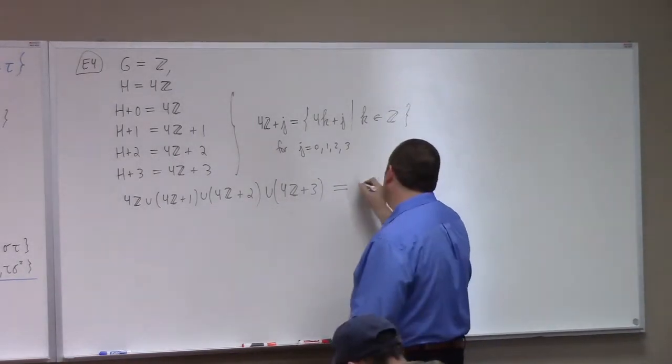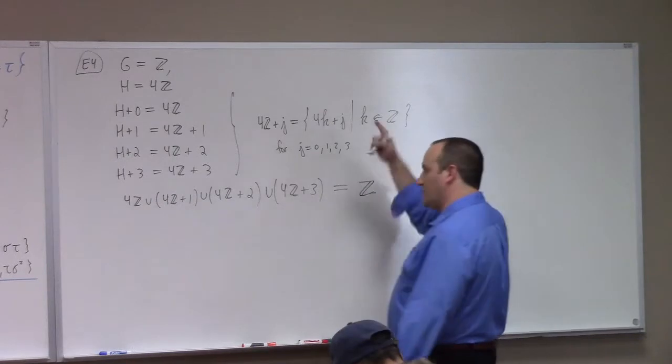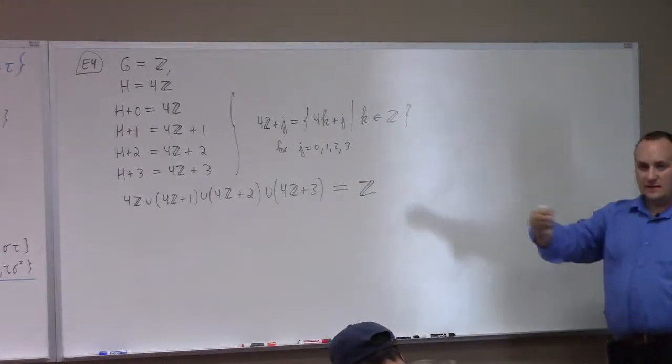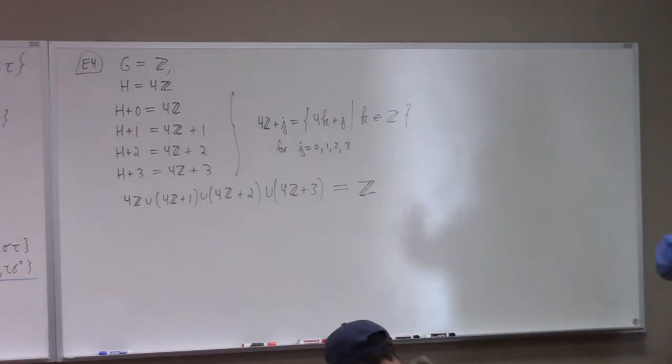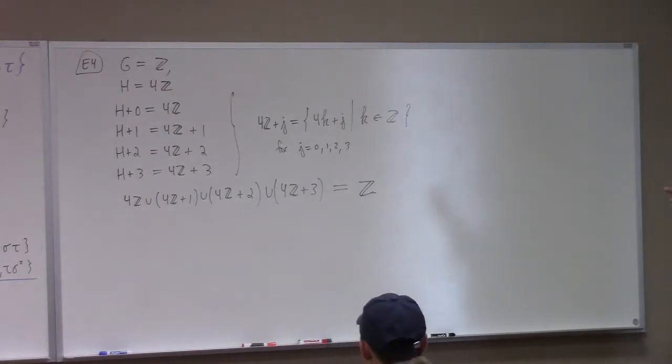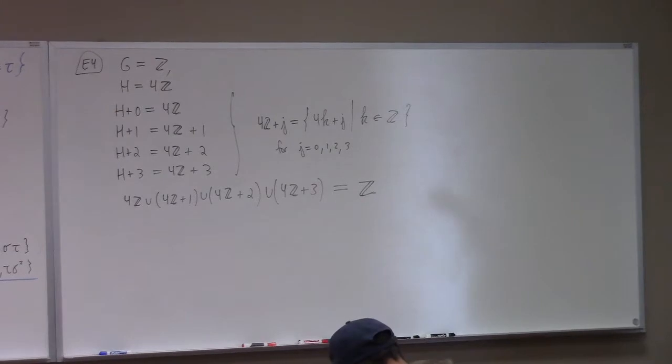No, we did not get 4Z. We get Z. See, because these 4 cosets partition the integers into disjoint subsets. These are cells of a partition of the integers, right? The equivalence which affords this partition is the equivalence which says that 2 integers are equivalent if their difference is a multiple of 4.